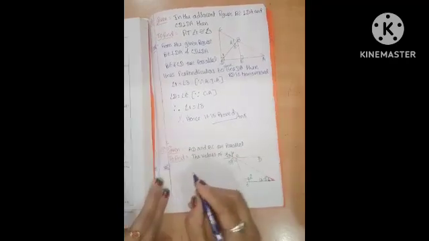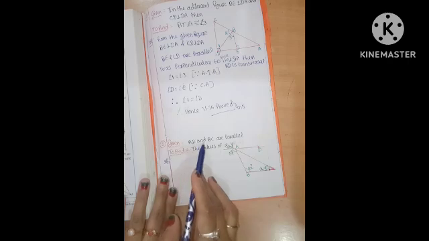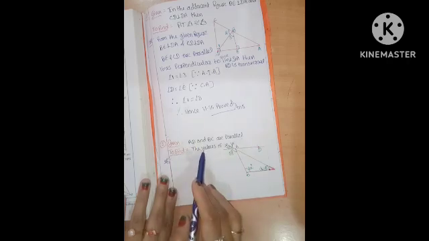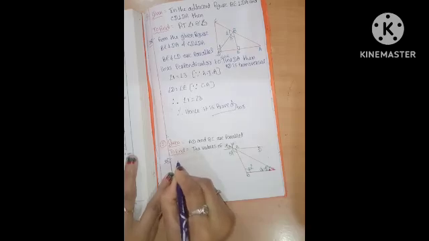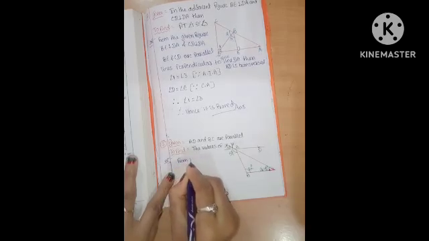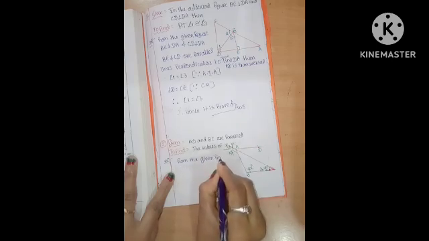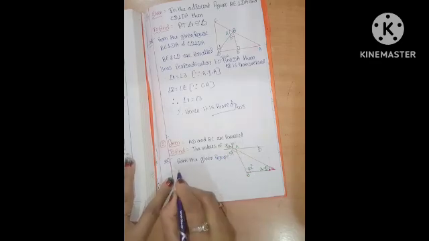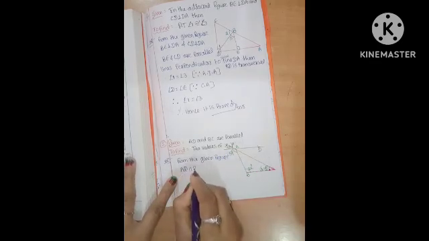Okay, so let's do the solution for this problem. First, given data: how to write it in our given problem. AD and BC are parallel, and to find the values of x, y from this given figure. From the given figure, AD is parallel to BC.